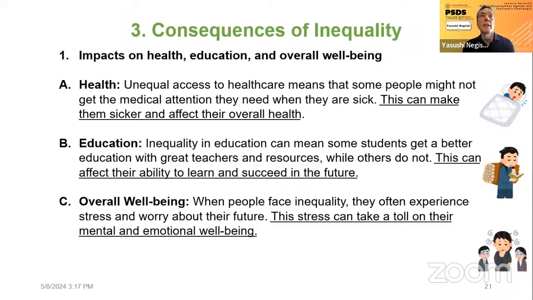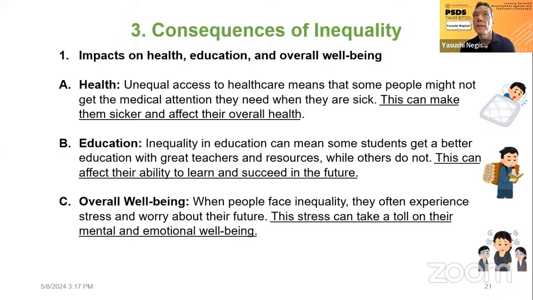Let me explain the consequences of inequality. First, its impacts on health, education, and overall well-being. As for health, unequal access to healthcare means that some people might not get the medical treatment they need when they are sick.